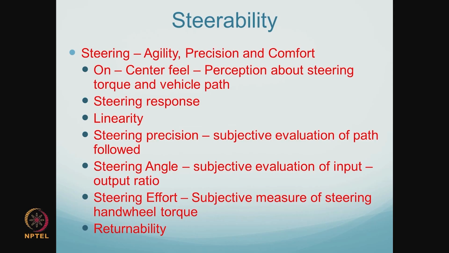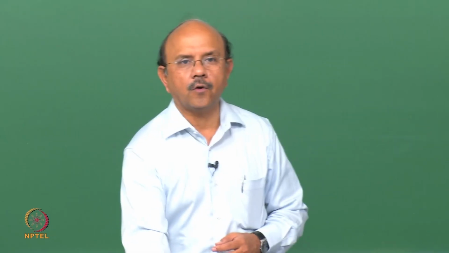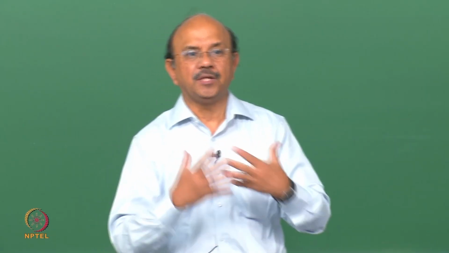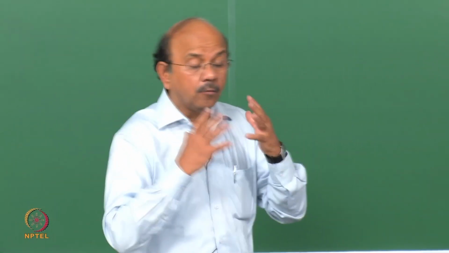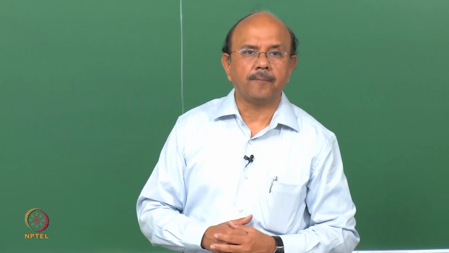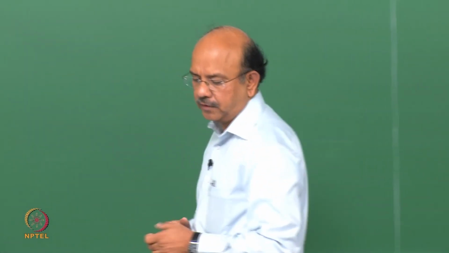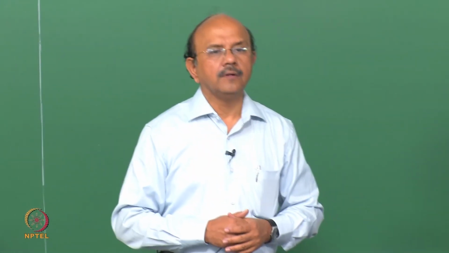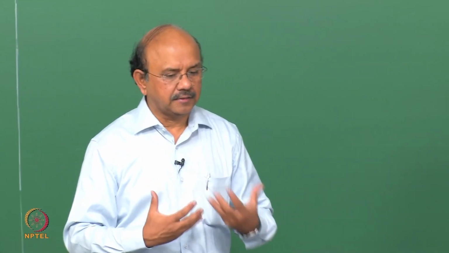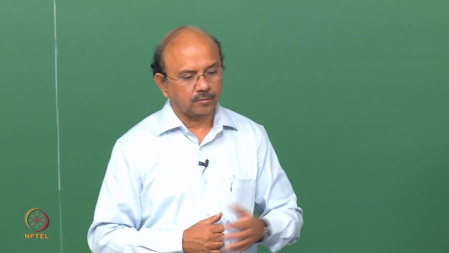We were looking at what we called steering precision. Steering precision is actually a subjective evaluation of the path that is followed. How much steering input I have to give, or how precisely the path is followed as I give the steering input. So that is again a subjective evaluation of the path to be followed.